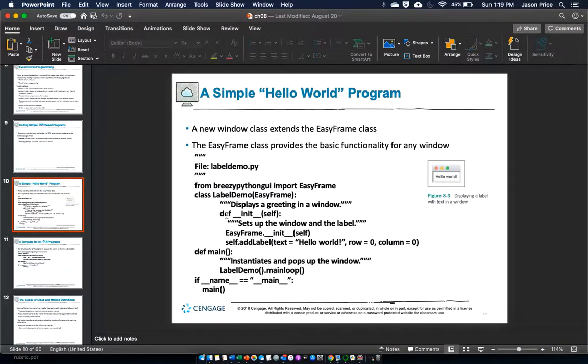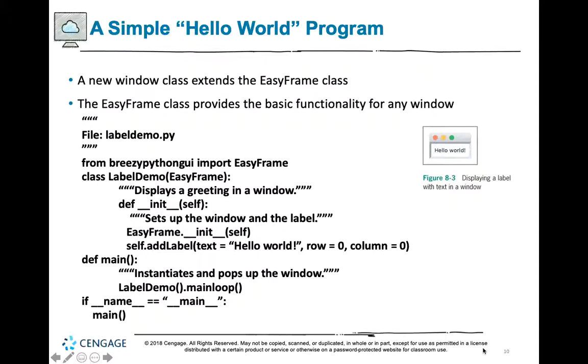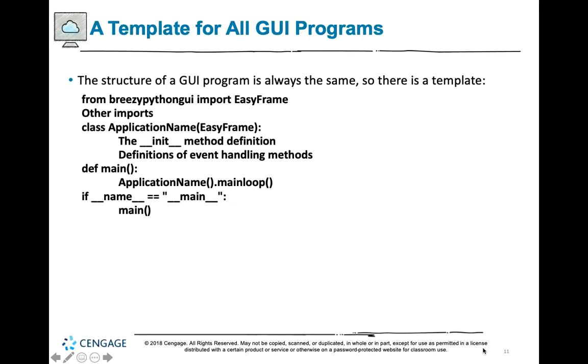So that's the code for getting just a window to pop up that says something in it. So this is a template for pretty much any GUI program you're going to do. You're going to have that same from Breezy Python, import EasyFrame up here. And then you're going to have anything else that you might need to import.